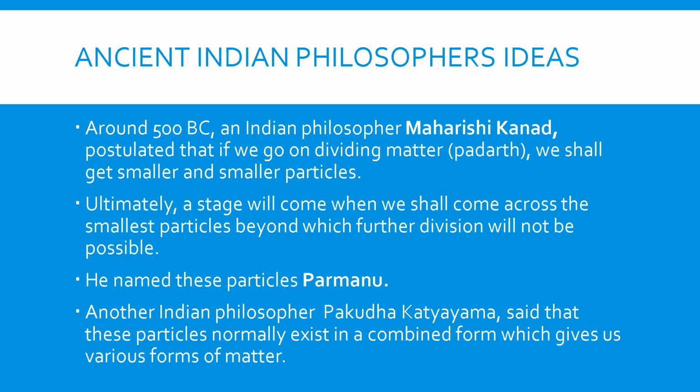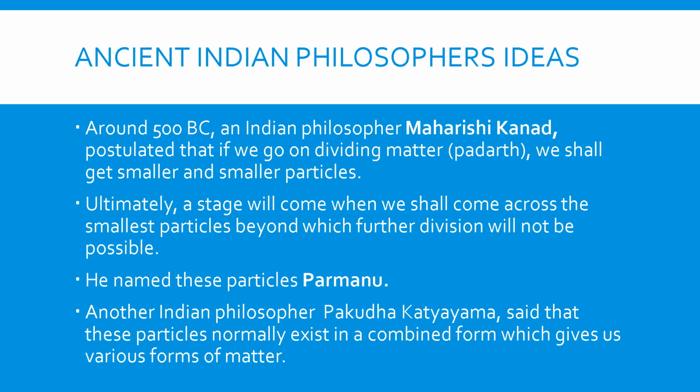Ultimately, a stage will come when we shall come across the smallest particles beyond which further division will not be possible. He named these particles Parmanu. Another Indian philosopher, Pakudha Katyayana, said that these particles normally exist in a combined form, which gives us various forms of matter.